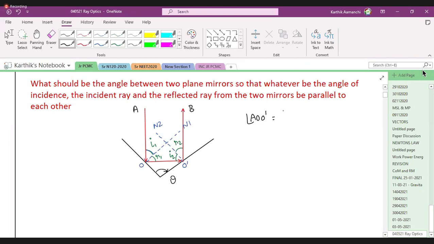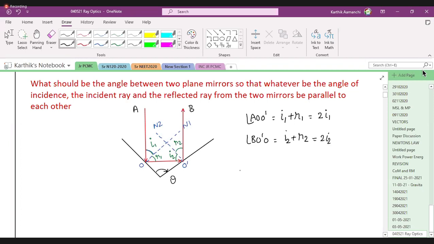90. It is I1 plus R1. What is your angle BO dash O? I2 plus R2. According to the law of reflection, I1 and R1 are the same, so can I write it as 2I1? I2 and R2 are the same, can I write it as 2I2?